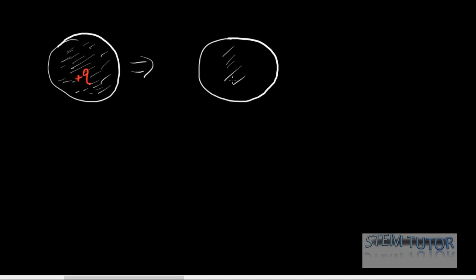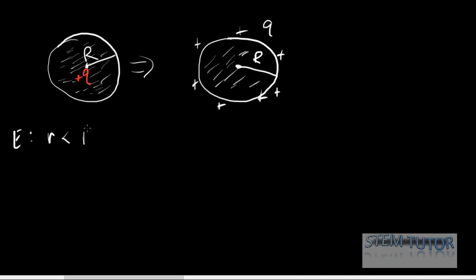Suppose its radius is capital R. All of this charge is going to go to the surface. Say our objective is to find the electric field for r less than R and r greater than R.